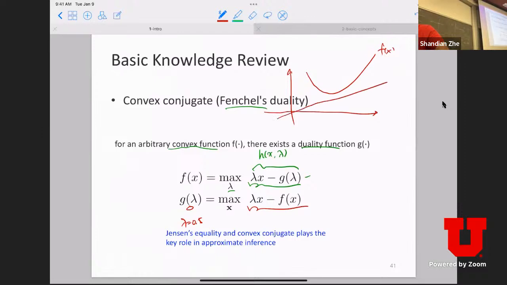Let me draw it in this way. This is your lambda x. You want to maximize lambda x subtracted by f of x. In this case, of course, lambda x subtracted by f of x is negative, and it is equivalent to minimizing f of x subtracted by lambda x.